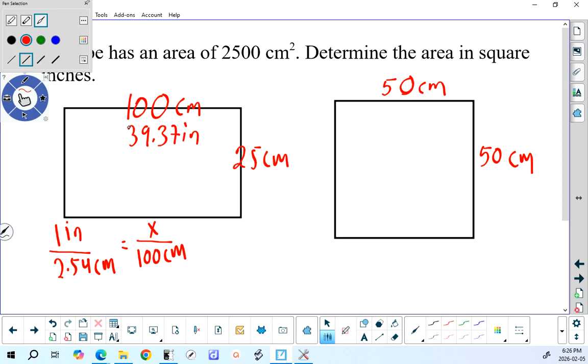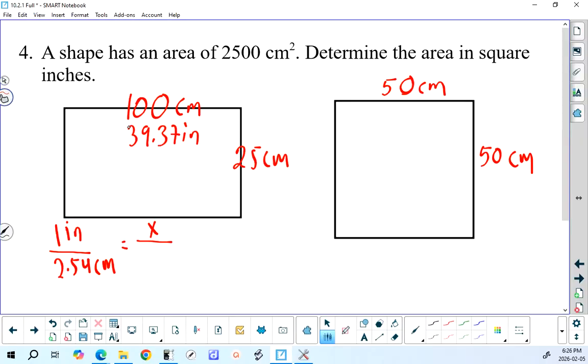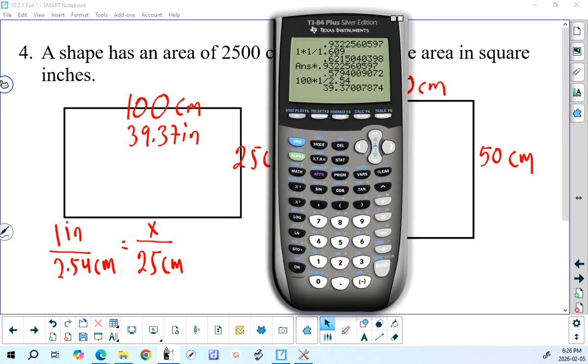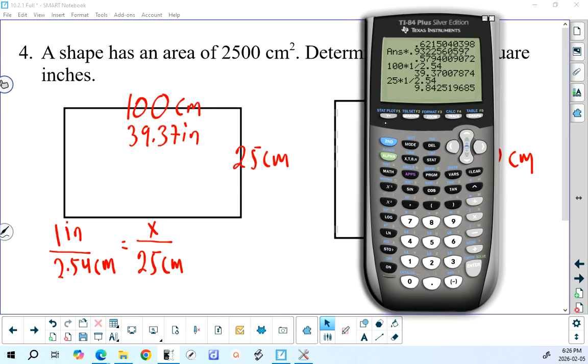And you can do the same thing with the 25 centimeters. I'll erase the 100 and put 25 in here. Grab your calculator. It's going to be 25 times 1 divided by 2.54, which is 9.84 inches.